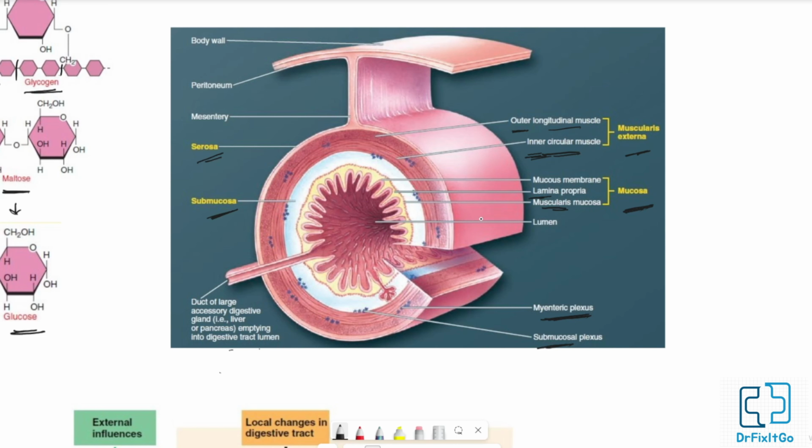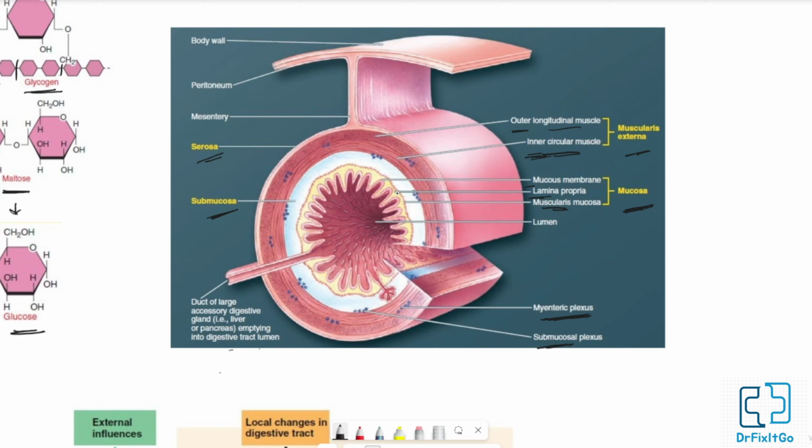This layer is lined by epithelial cells which vary in type from simple squamous to long columnar depending upon the part of the GIT.